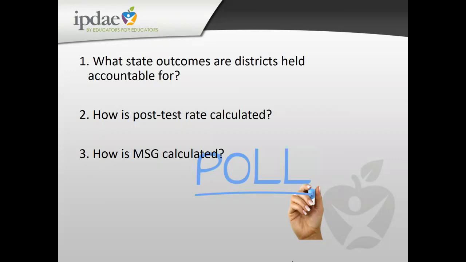So we're going to be looking at 3 main questions, and as we release the poll, what you're going to see pop up on your screen is the first question. Feel free to respond to it, and as we go through that one, we'll look at what the responses were, and we'll talk a little bit about it, and then we'll move on to the next. So we have 3 poll questions.